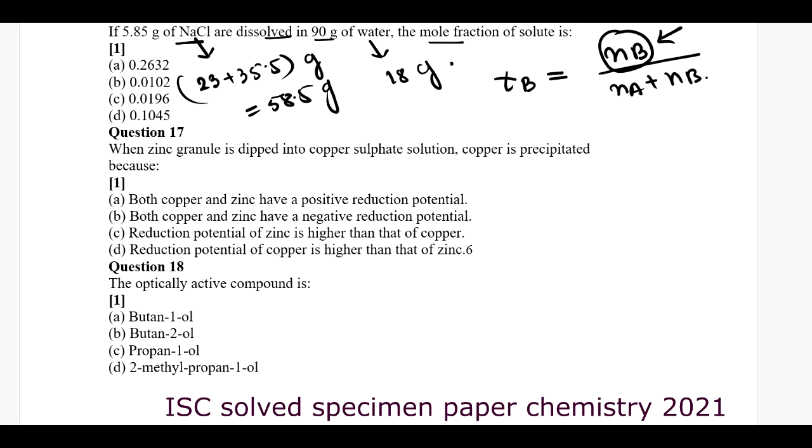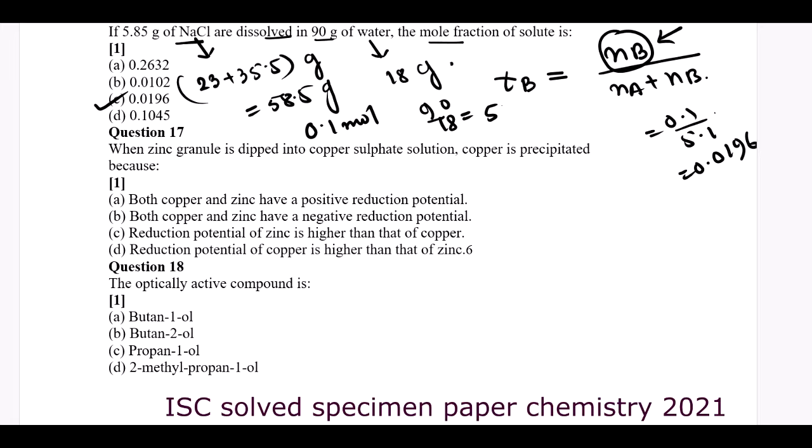So the mole number of water will be 90 divided by 18, that is 5 mole. For sodium chloride, the mole number will be 5.85 divided by 58.5, so 0.1 mole. Here the mole fraction will be 0.1 divided by 5.1 and the answer will come 0.0196. So option C will be the correct one.